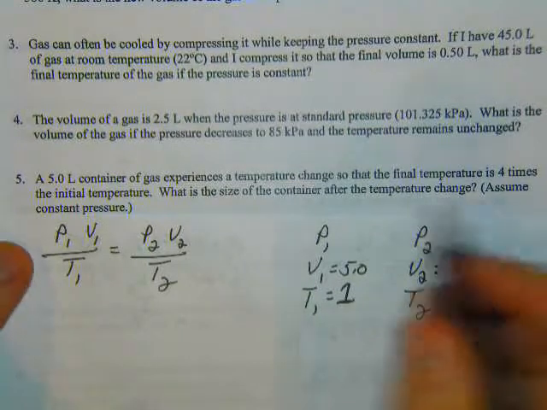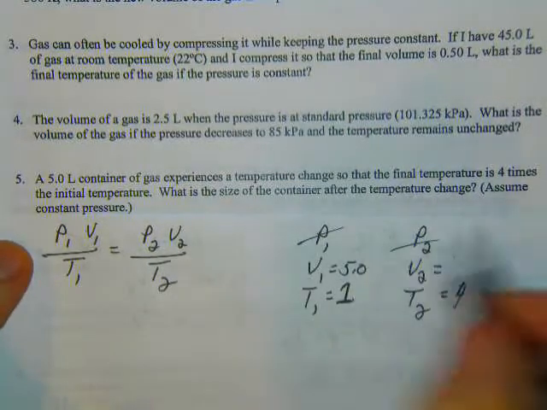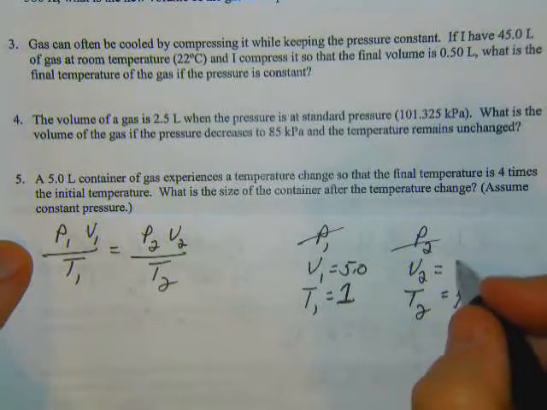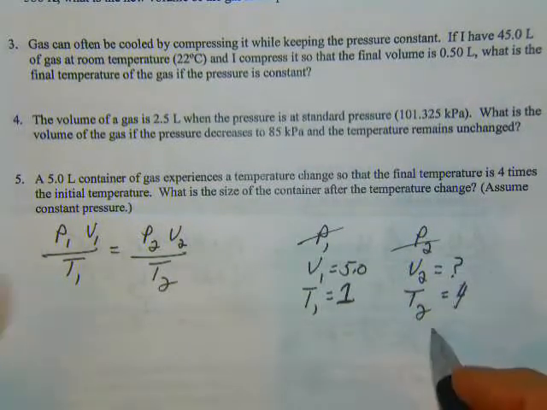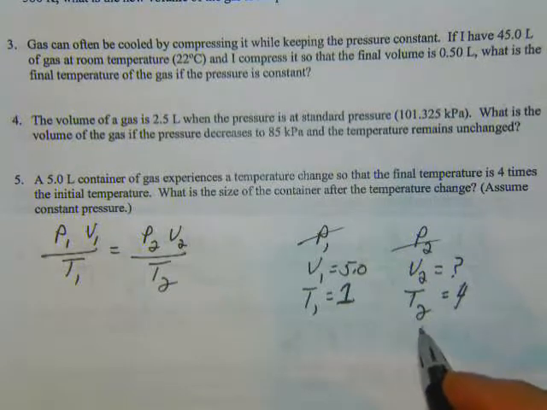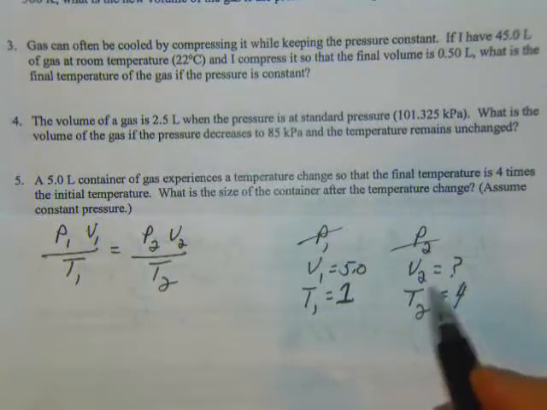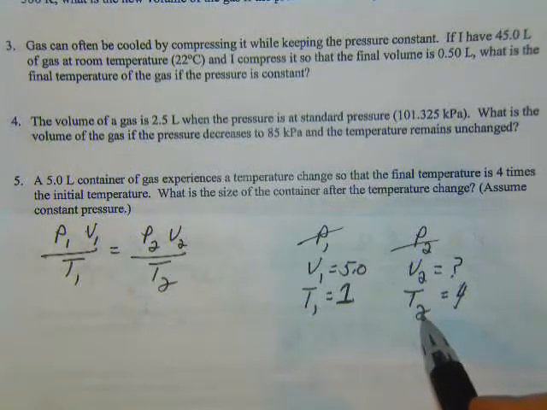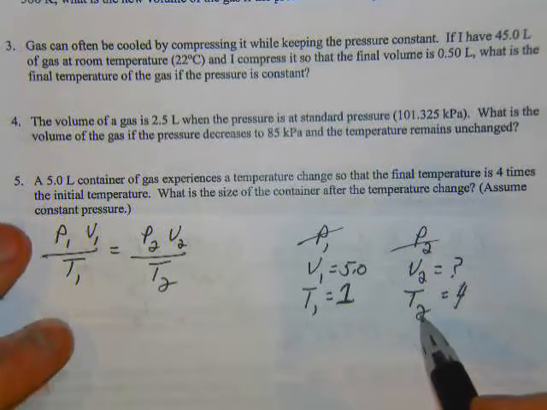We know the final is 4 times. Assuming constant pressure knocks pressure right out, and we want to know the size of the container, which we don't know. If we're heating it up, the container would probably have to increase.